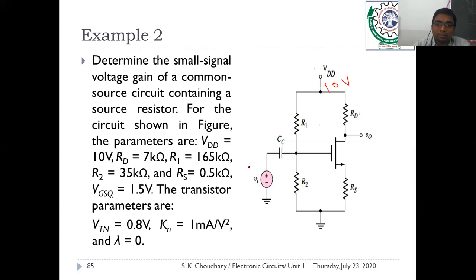Then R1 is given as 165K. R2 is given as 35K. RS is given as 0.5K.